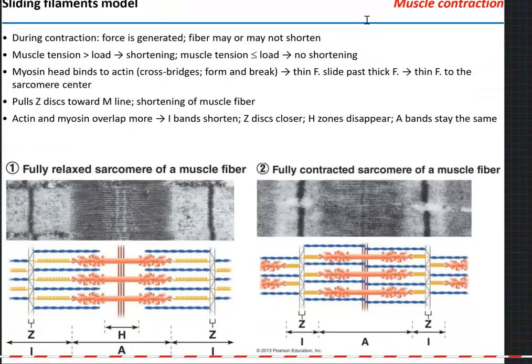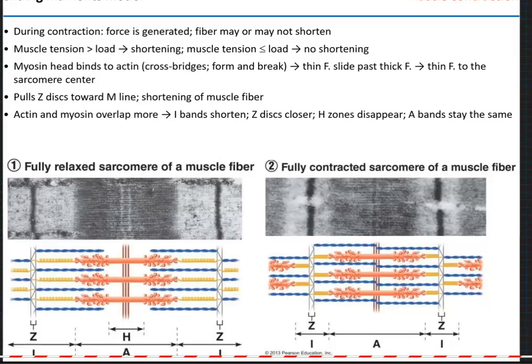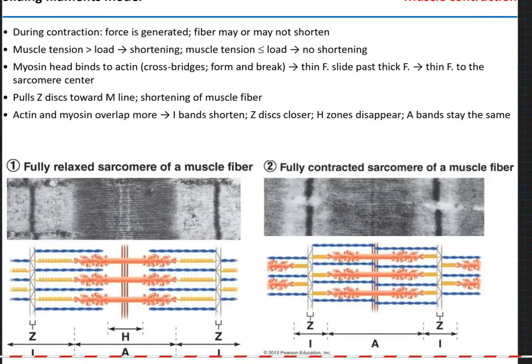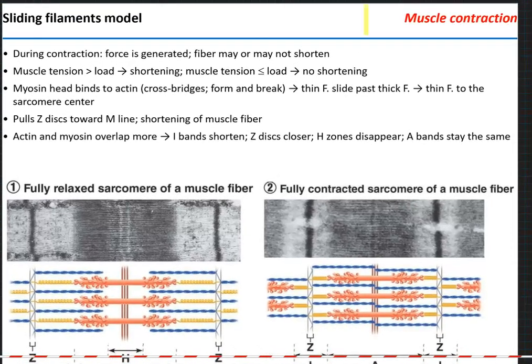So, how does that skeletal muscle contract? Well, the model is called the sliding filament model. First of all, I want to mention that the distinctive feature of muscle contraction is that force is produced.